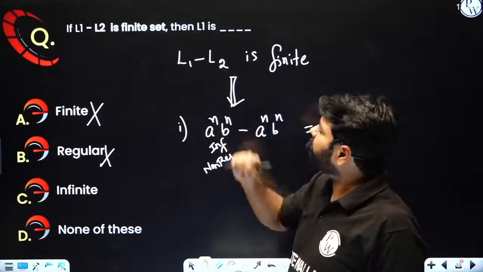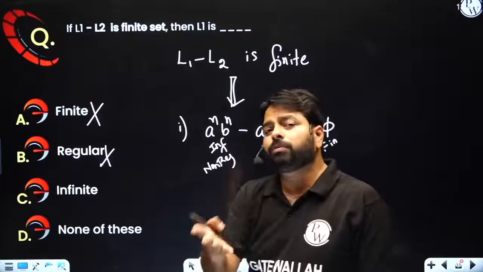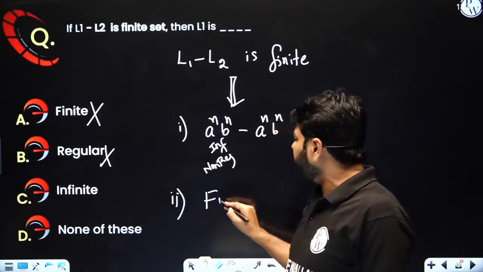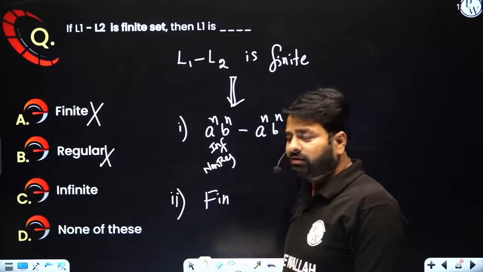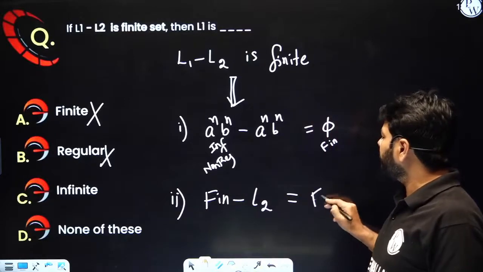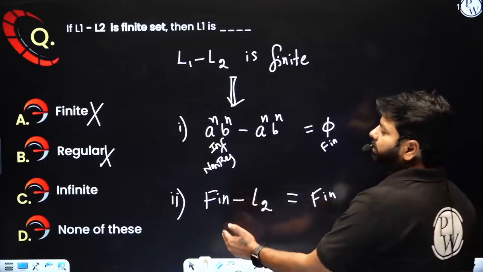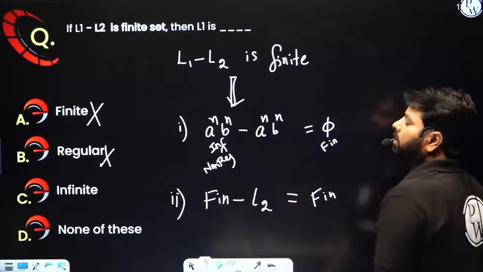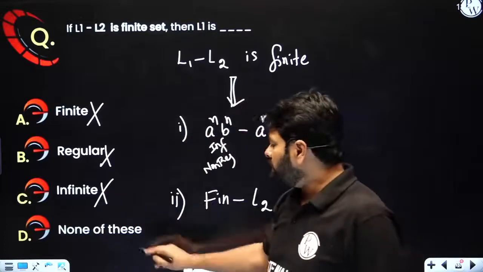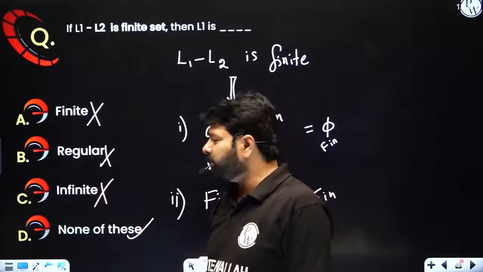If L1 is finite, the result is finite. Now the result is finite, and L1 is possible to be finite. So for the second example, take any finite L1, I'm not restricting which finite, put any L2 here, and the result is always finite. So we want the result to be finite. Now L1 may be finite, maybe infinite, maybe non-regular, maybe regular. So all the things are here. So the answer is none of this. You cannot guarantee any of options A, B, C.